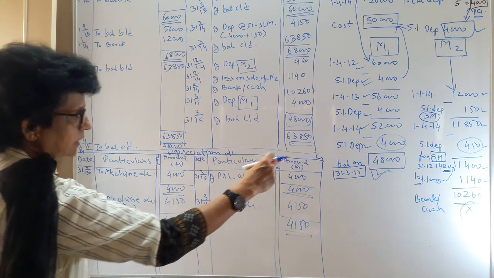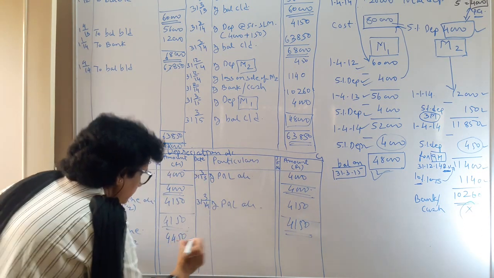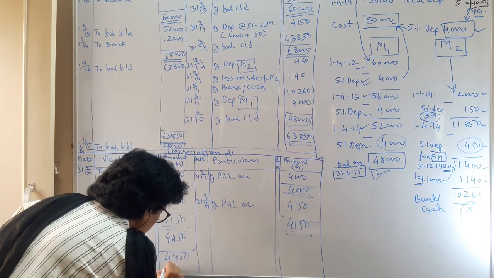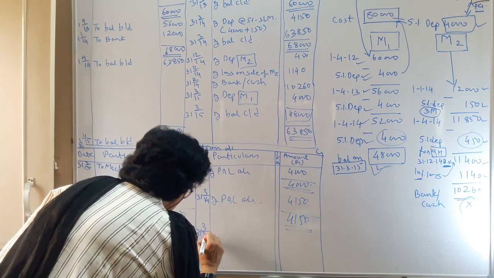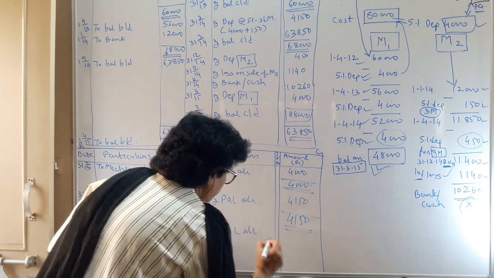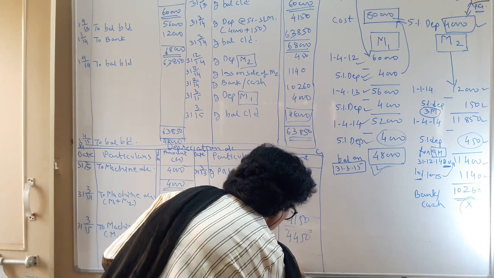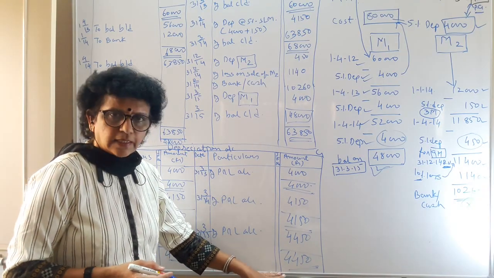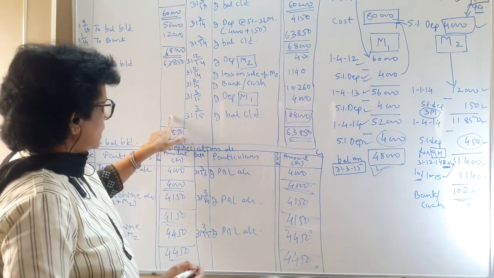So the total depreciation 4,450. Close the account. And on credit side 31st March 15, by P&L account 4,450. Okay. In this manner the total gets tallied.